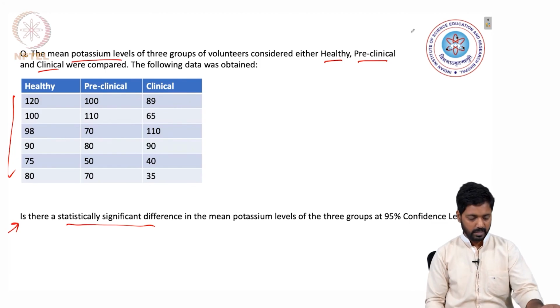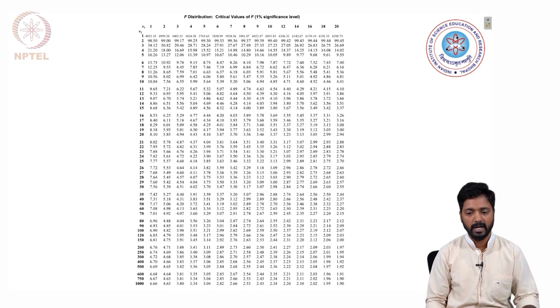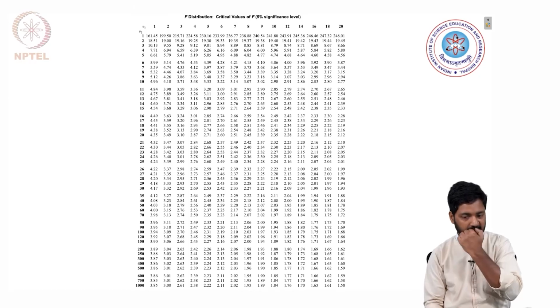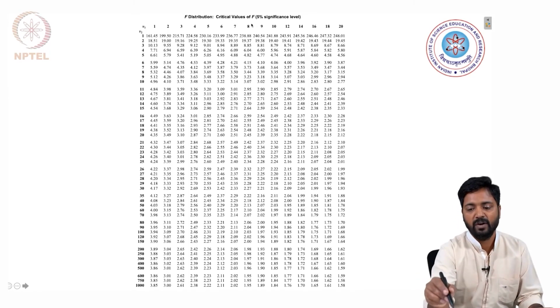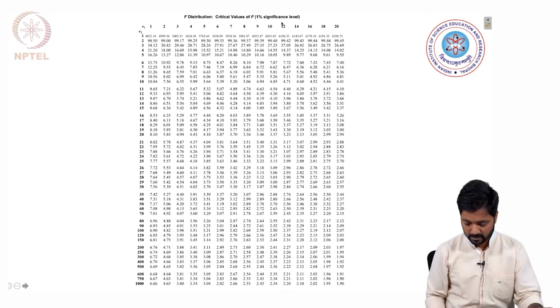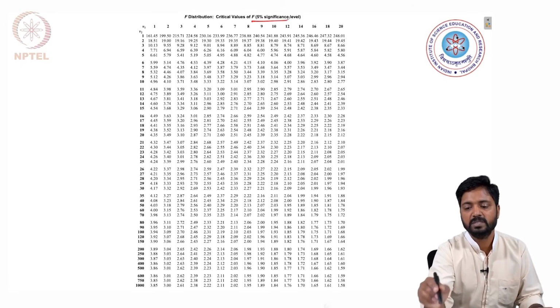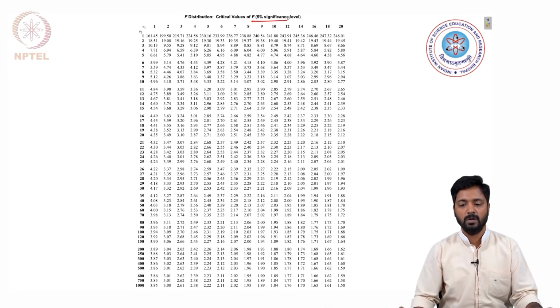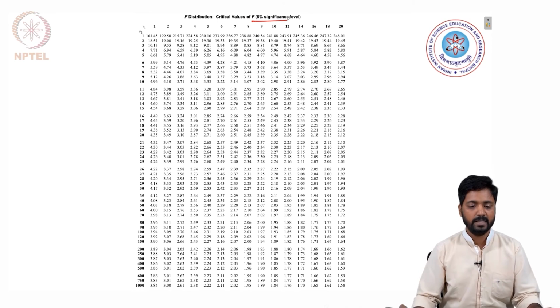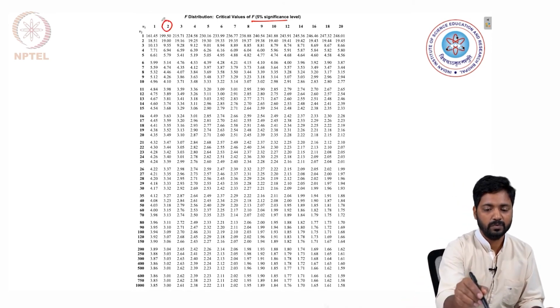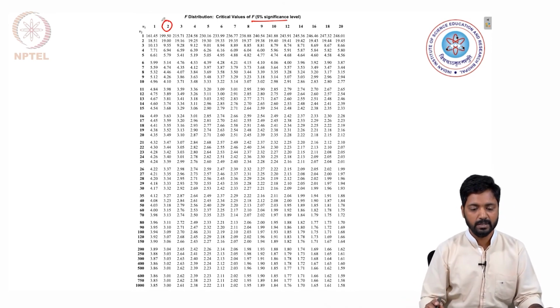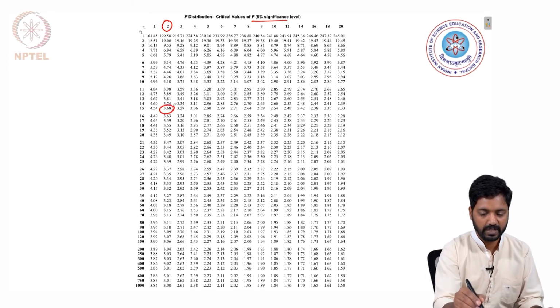Let us quickly go to the tables, and we have the table at 5% confidence level. So, the table at 5% confidence level is now on the screens, and we are talking about nu 1 value of 2 and nu 2 value of 15.